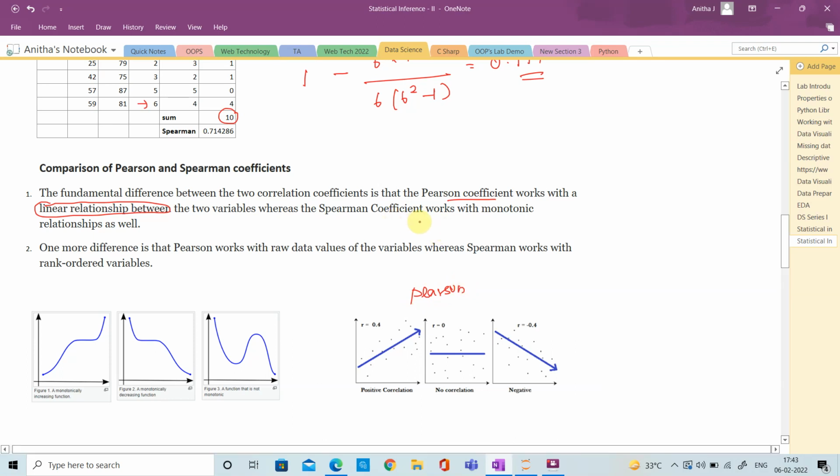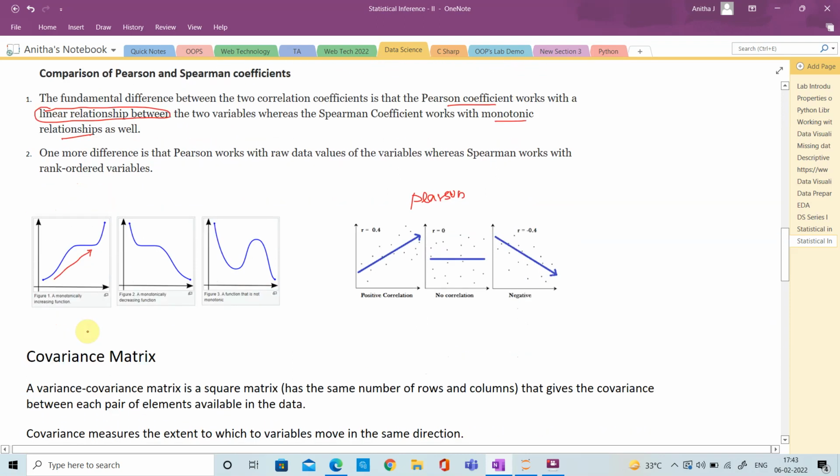But with the Spearman coefficient, you see it is a monotonic relationship. It is not linear, but it is an increasing relationship, though not in a linear manner. So in that situation, we need to use the Spearman coefficient. Another difference: the Pearson will work with the raw data values. In the input data, you calculate the mean, the variance, the standard deviation.